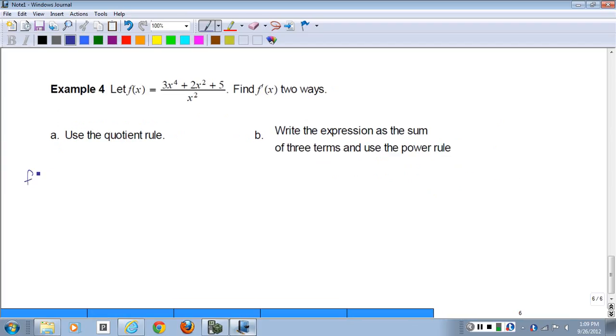F prime of x equals, take the denominator, write it in the denominator, and square it. While we're thinking about that x squared, write it down again. And then multiply by the derivative of the numerator.